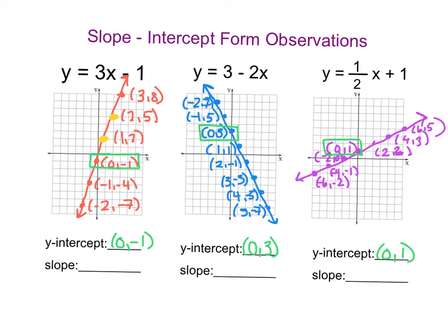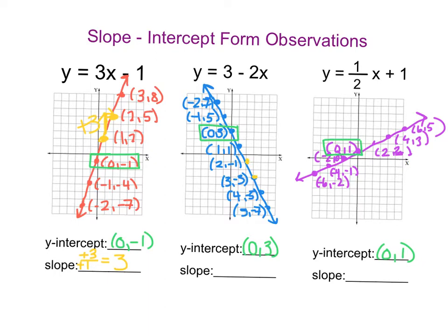As I go from point 1 to point 2, I notice that vertically, I go up 3. So my vertical change is a positive 3, over a horizontal change of positive 1. If I simplify this, my slope is just 3, or 3 over 1. Then on this second graph, I pick 2 points.